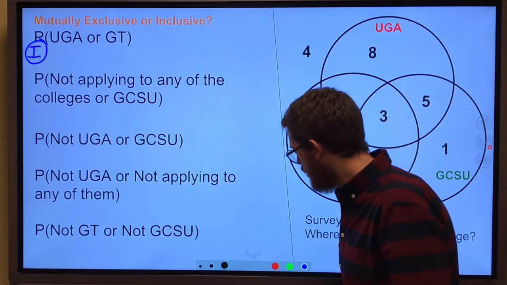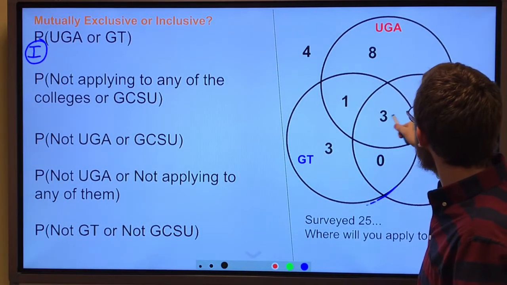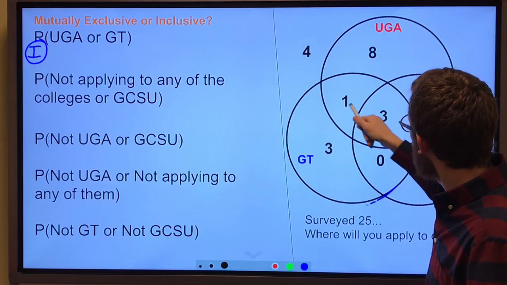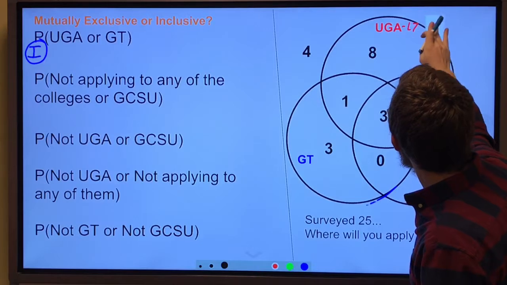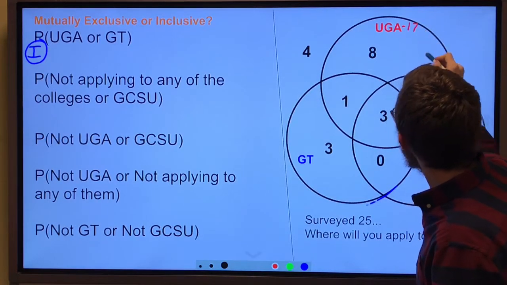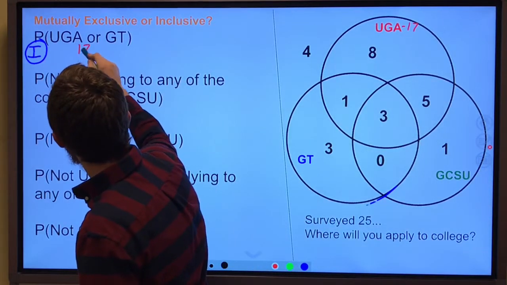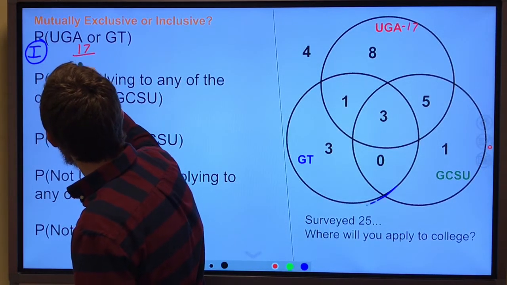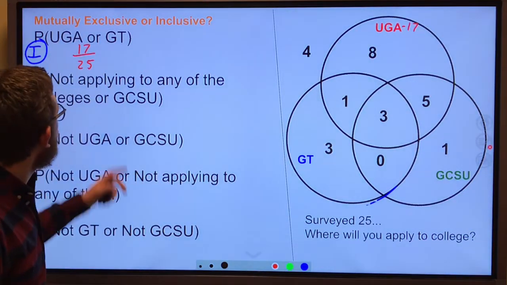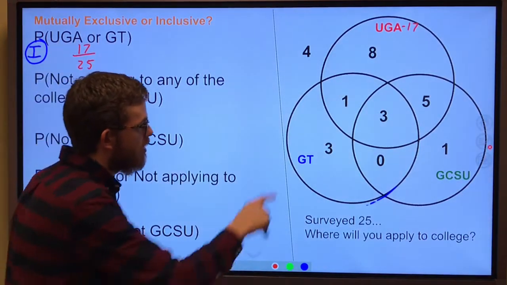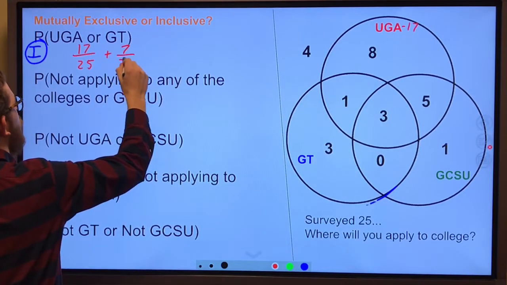Well, the probability of talking to a UGA person, look at the UGA bubble there: 8, 1, 3, 5, there's 17 in that UGA bubble right there. So the probability of finding a UGA person would be 17 out of 25. We add it to the people in the Georgia Tech bubble. That's 7 out of 25.